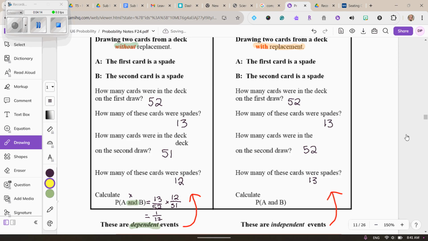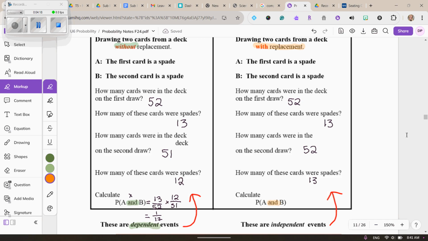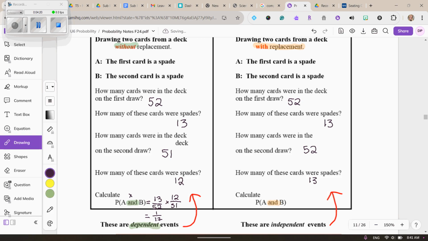The word and still means multiply. So we are going to multiply my probabilities, but now it's just 13 out of 52 multiplied by 13 out of 52. If I multiply those on my calculator, I will get 1 out of 16.